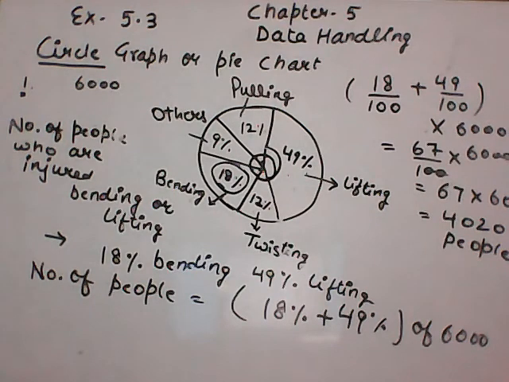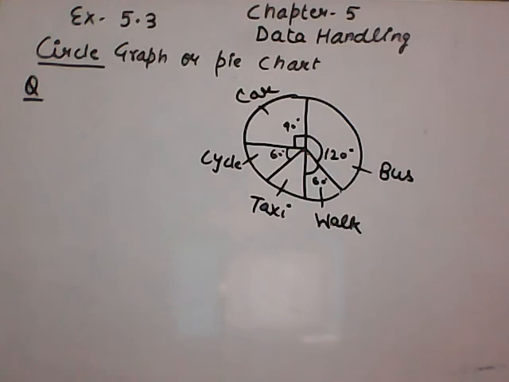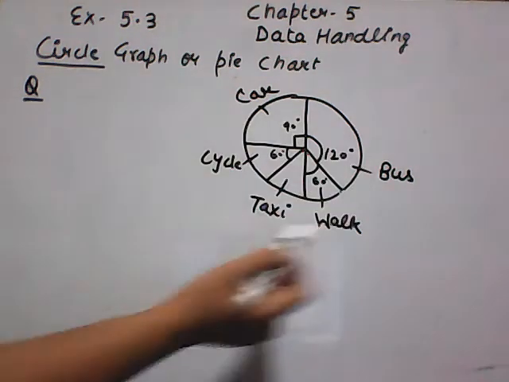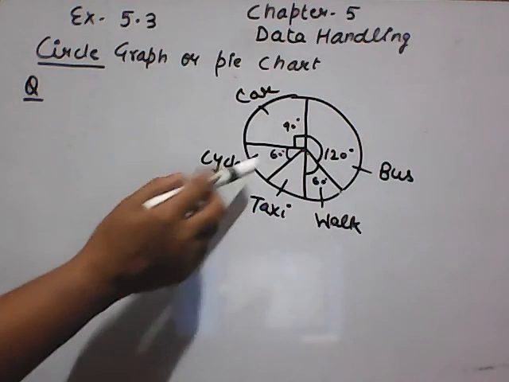Let's move to the next question. In this question, the pie chart given below shows the result of a survey carried out to find the modes of travel used by the children to go to school. In this pie chart, we can see children at 60 degrees.